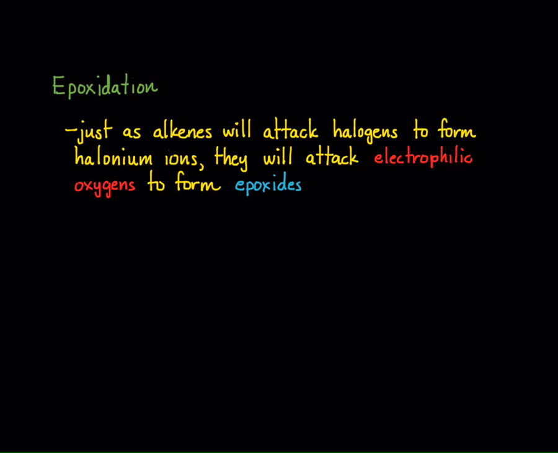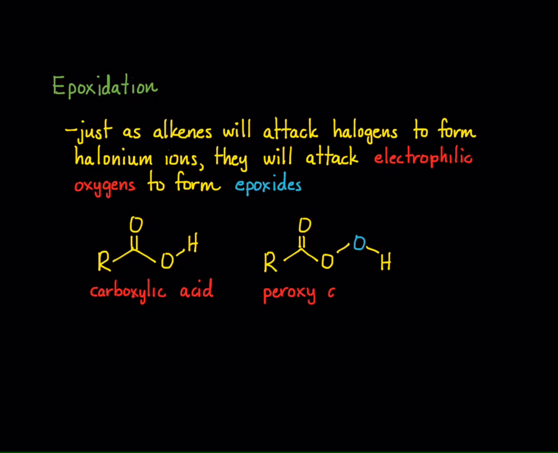Now, in order to do that, we have to think about a possible source of electrophilic oxygens. And if we recall, a carboxylic acid, the oxygen on that carboxylic acid withdraws electron density away from the hydrogen. Well, we can think about what's called a peroxy acid, where instead of the oxygen bonded to a hydrogen, the oxygen is bonded to another oxygen.